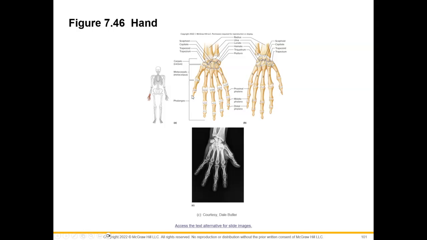Okay, and notice that the thumb only has 2 phalanges. So it shows the distal, the middle, and the proximal phalanx.